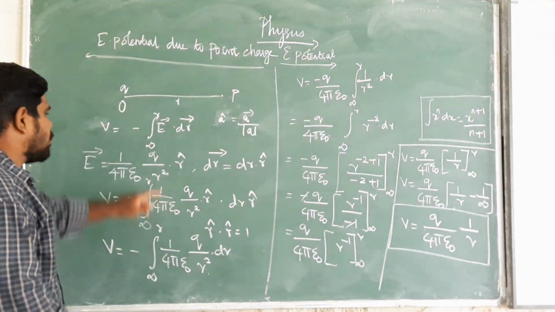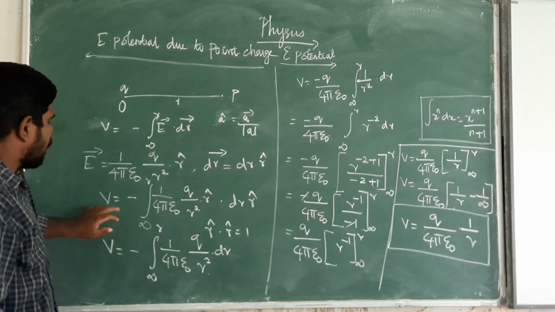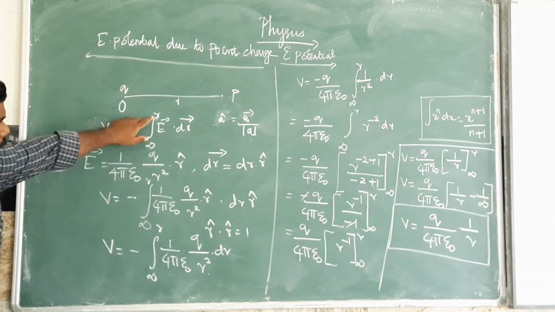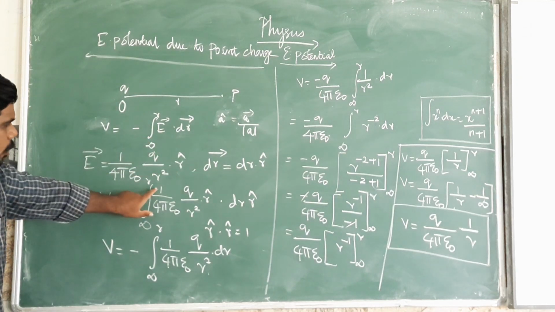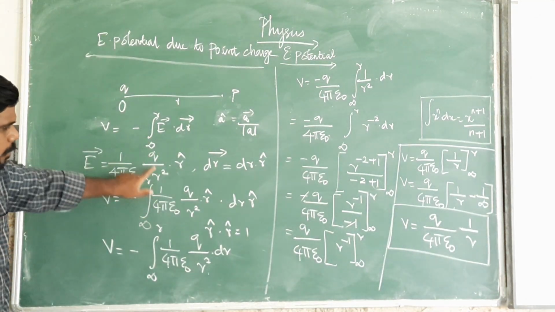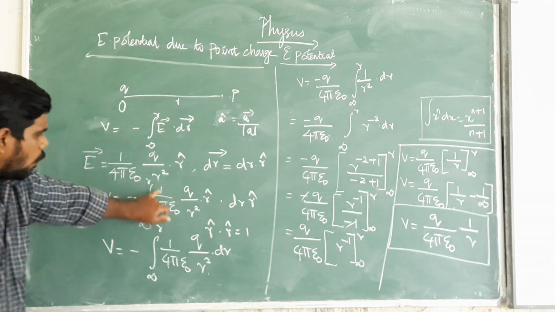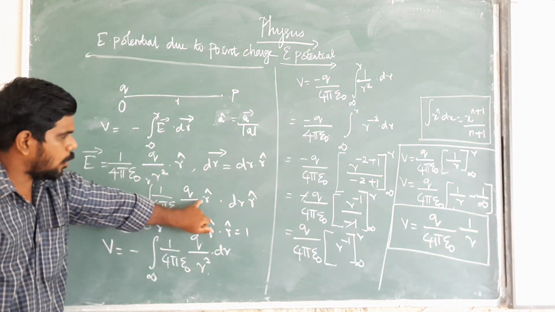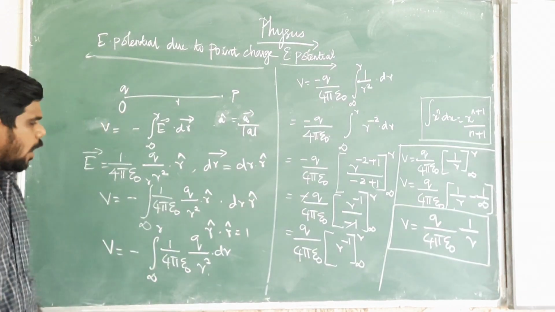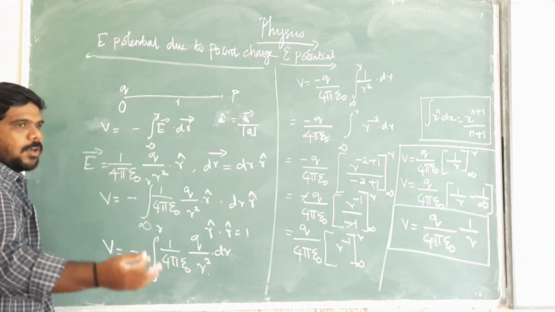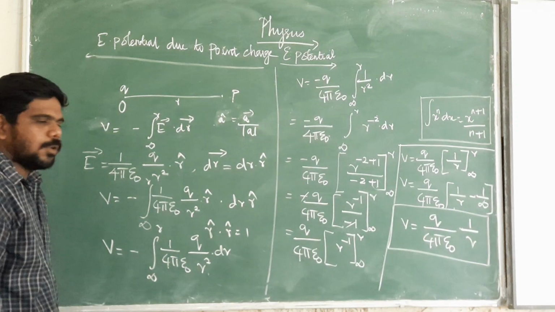Now we are substituting both expressions. V is equal to minus integral from infinity to r of the expression for E vector, 1 by 4 pi epsilon 0 q by r square into r cap, dot dr vector, which is dr into r cap. This is the product of unit vectors: i cap dot i cap is equal to 1.